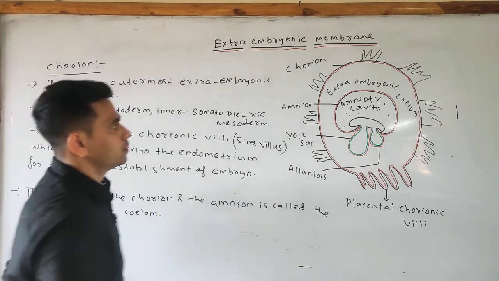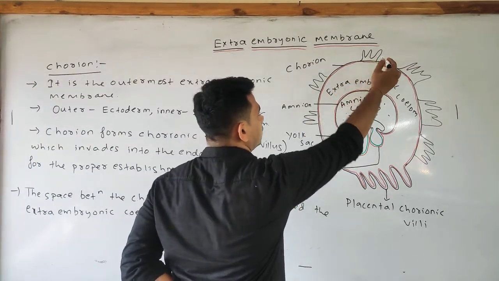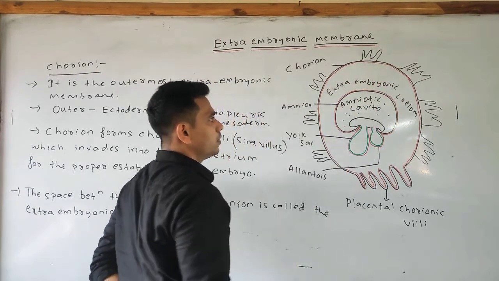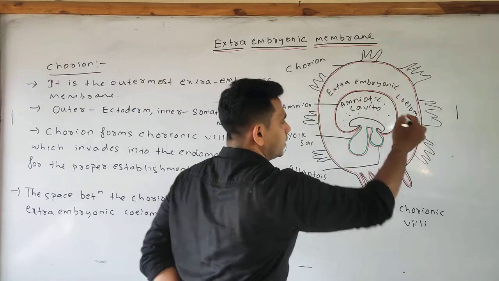Okay, this portion, the chorion portion, this one, and this one is your amnion. The space between the chorion and the amnion is called the extra embryonic coelom.